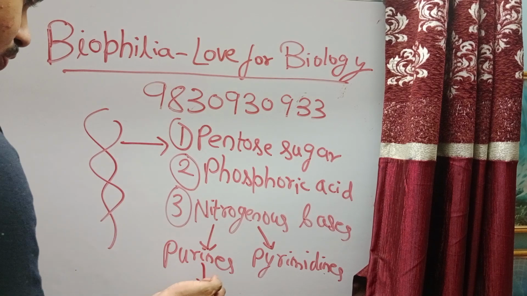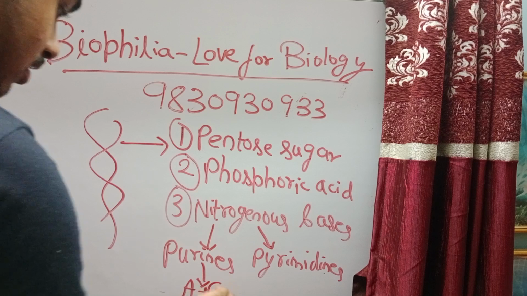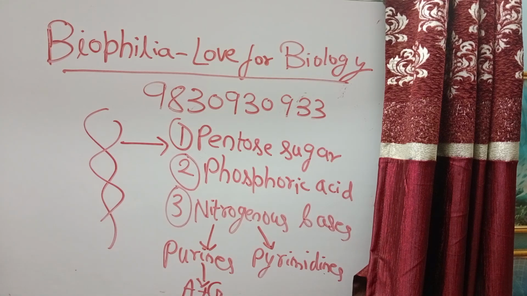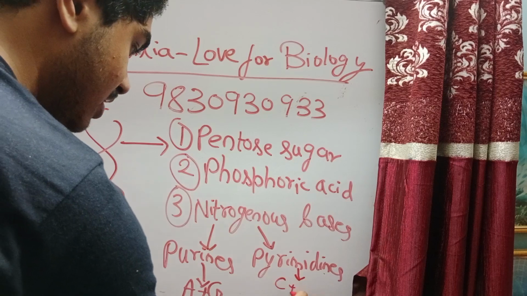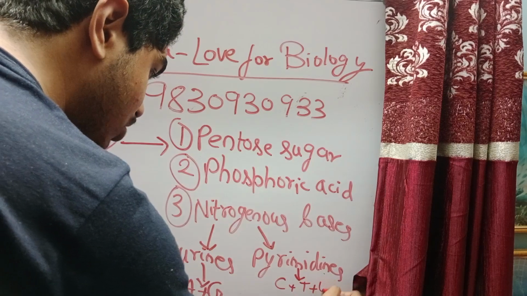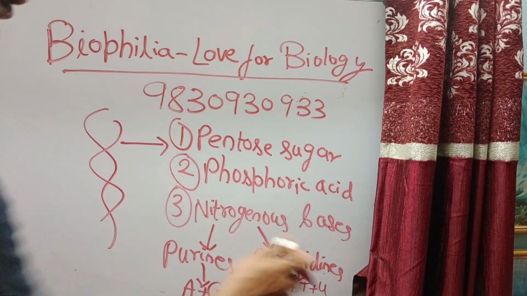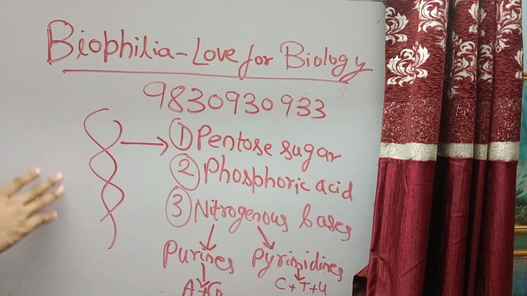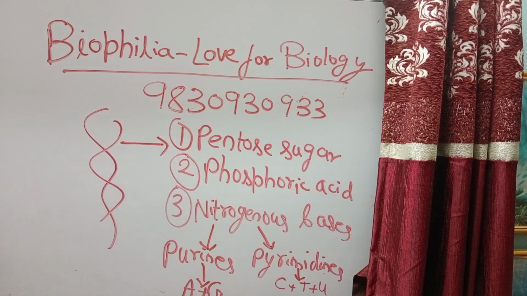In the purine group, we have adenine and guanine, whereas in the pyrimidine group, we have cytosine, thymine, and uracil. DNA is majorly made up of adenine, guanine, cytosine, and thymine bases, whereas in RNA thymine is replaced by uracil. This is a basic component that helps in the production of DNA.